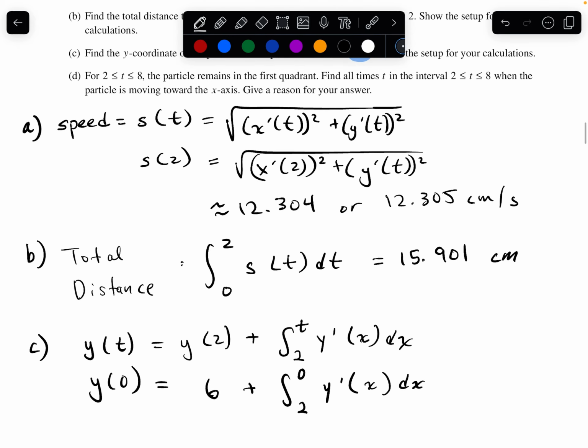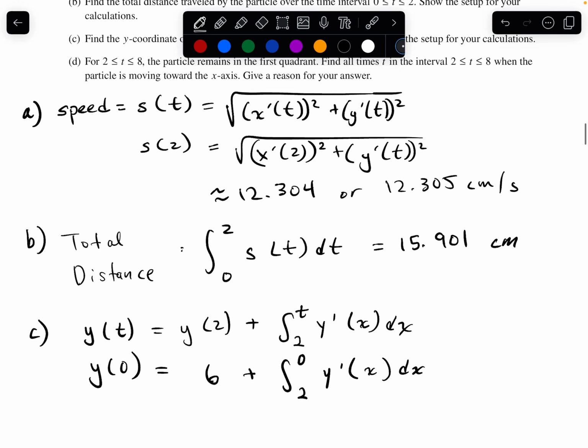So take what we have for y prime of x, integrate it from 2 to 0, and then add 6 to it. We can see that when t equals 0, we're at negative 1.1736 centimeters. In other words, when t was 0, our y value was actually lower. As time elapsed, it moved up to y equals 6.